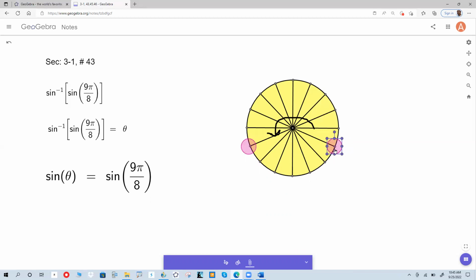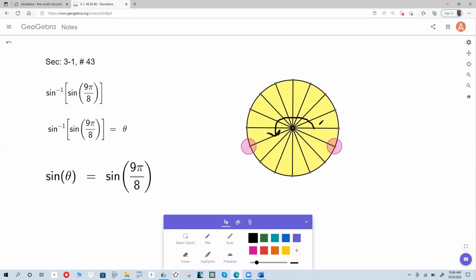This has to be the one, guys. These 2 points, I don't have to know what the y coordinate is. Because of symmetry, I can tell this has to be the answer. This one. And what is this angle? It's actually going to be negative because it's going clockwise, pi over 8. Let's write it down.